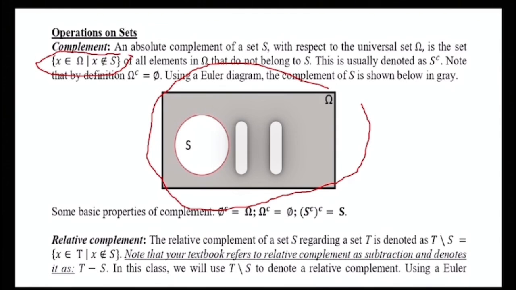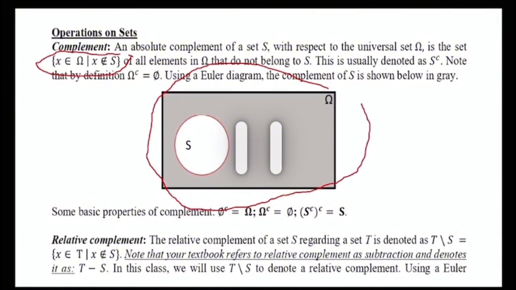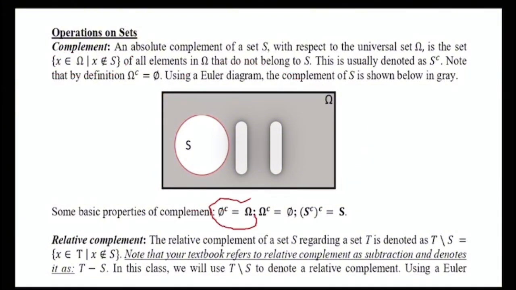Now we got some properties. Please pay attention. The complement of empty is the universal set. If I'm not talking about emptiness, then I'm talking about the whole, the sample space. And what is the complement of the sample space?